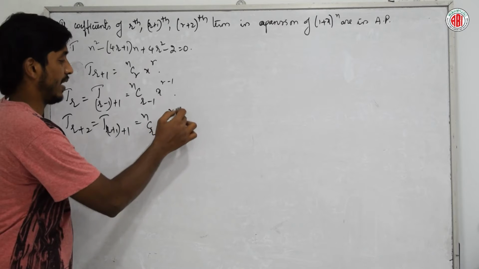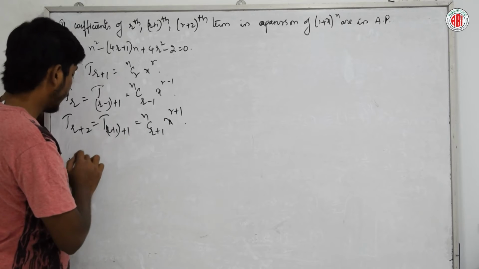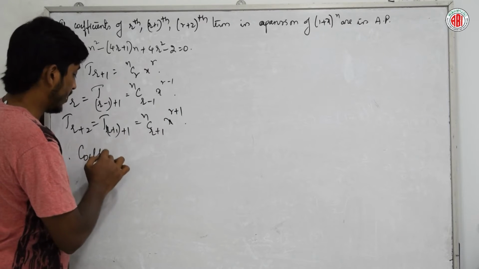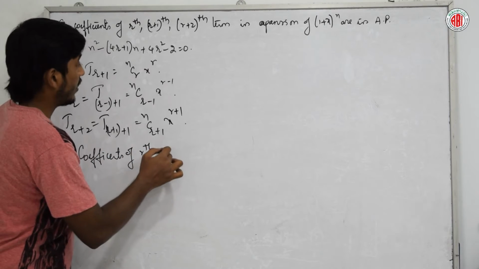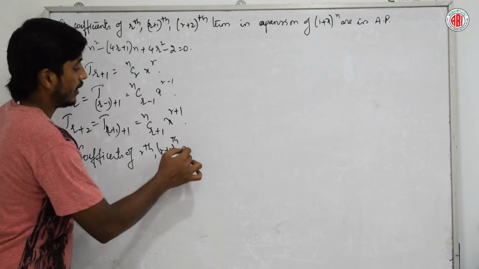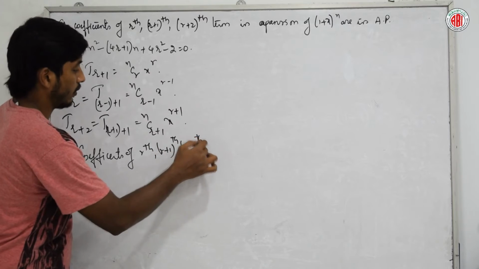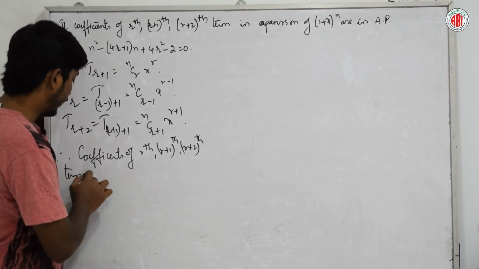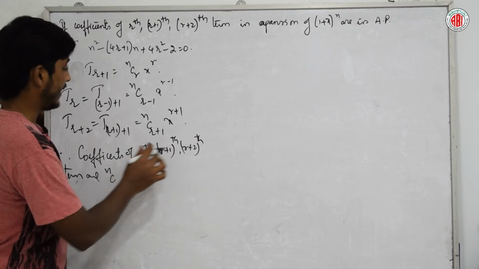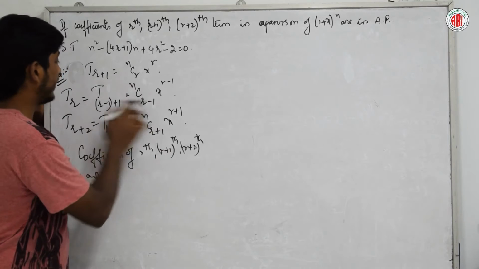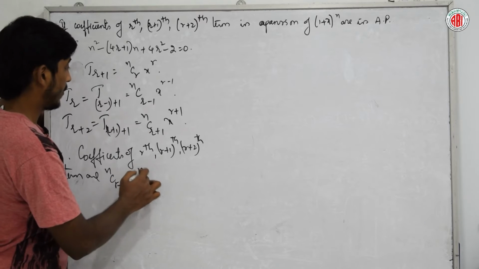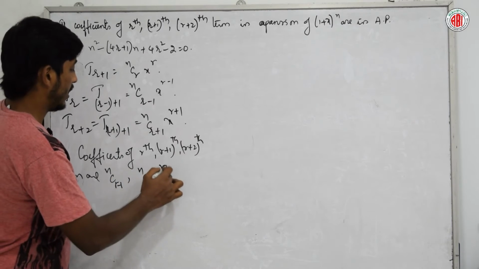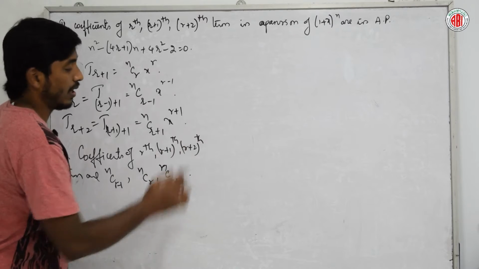Therefore, coefficients of the rth, (r+1)th, (r+2)th terms are, what is the rth term's coefficient? nC(r-1), comma nCr, comma nC(r+1).